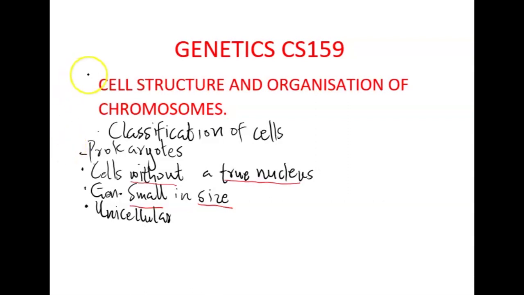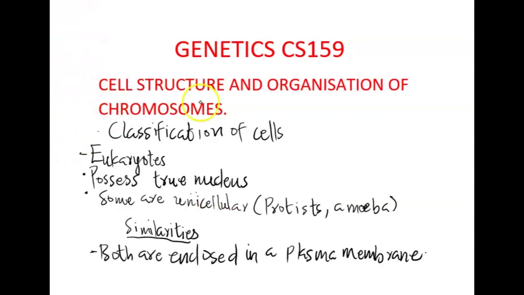Let's talk about the other classification, eukaryotes. Eukaryotes are organisms whose cells have a nucleus. They have a true nucleus. All animals, plants, fungi, and many unicellular organisms are eukaryotes.